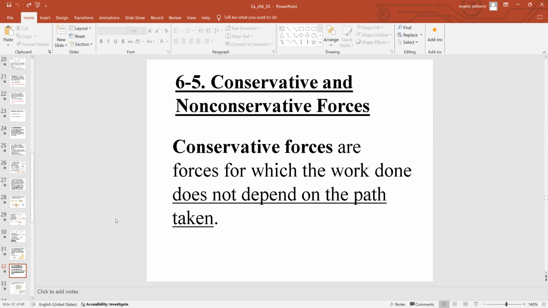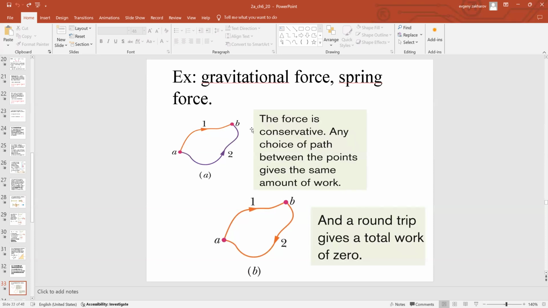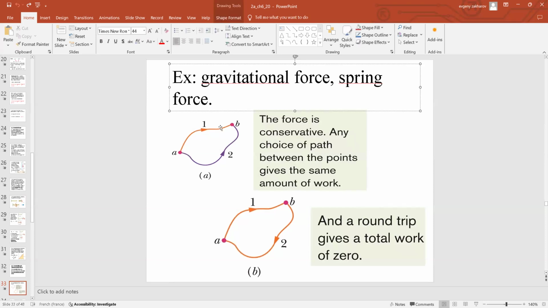Now, two types of forces, conservative and non-conservative. For conservative forces, it doesn't matter how you get from initial to the final position. The work done will be the same. And for force of gravity or the spring force, it turns out that if you get from point A to point B as trajectory 1 or trajectory 2, the value for work done is going to be the same.